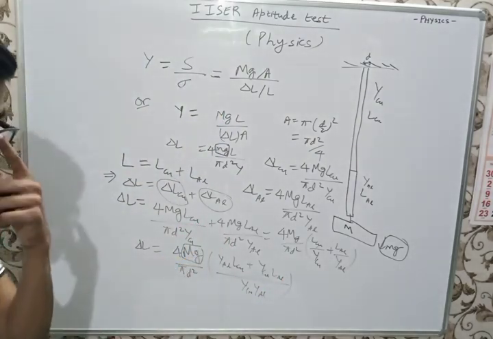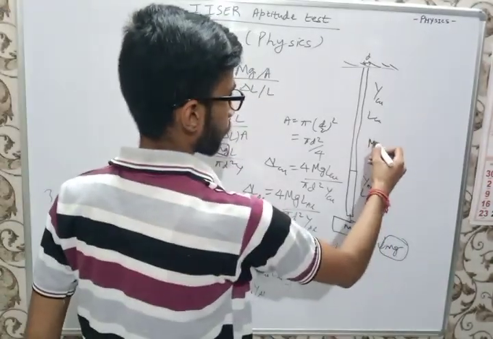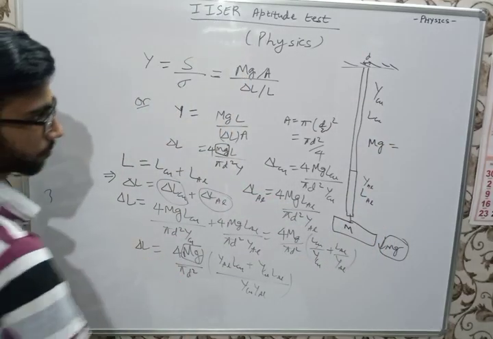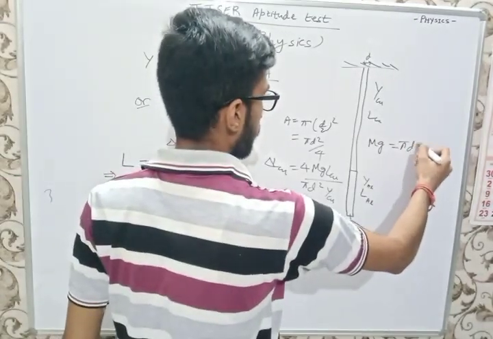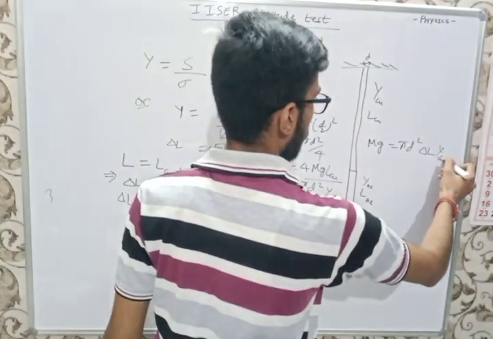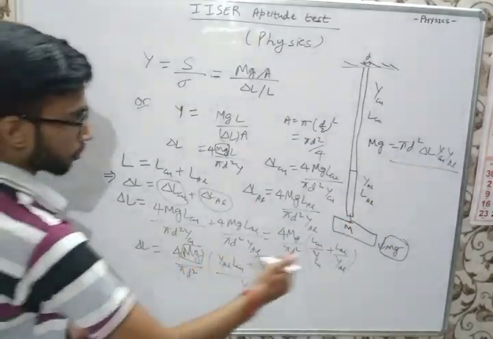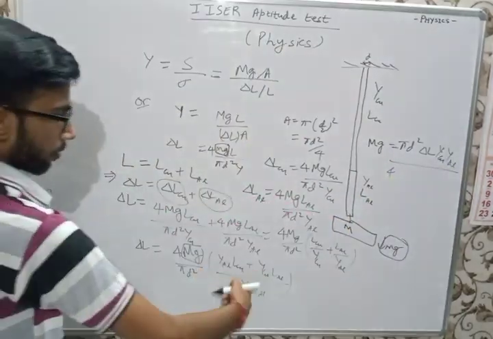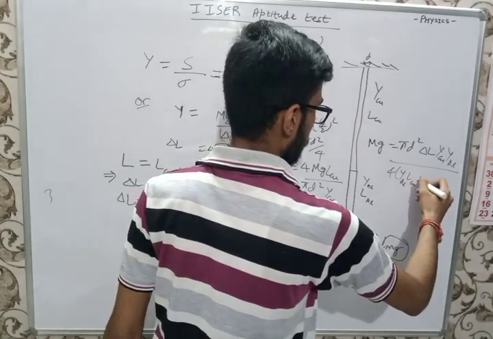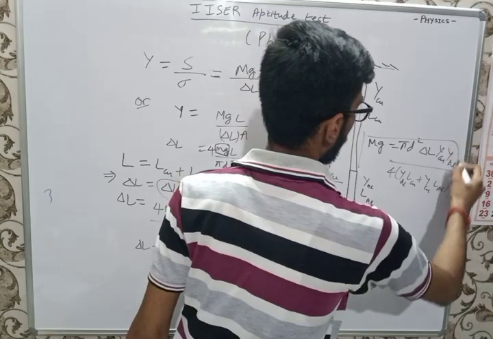I want the value of the load, so you can compute it. mg equal to, from here, delta L times pi d square, delta L into Y_Cu Y_Al over 4 into this quantity (Y_Al L_Cu plus Y_Cu L_Al). This is the load.